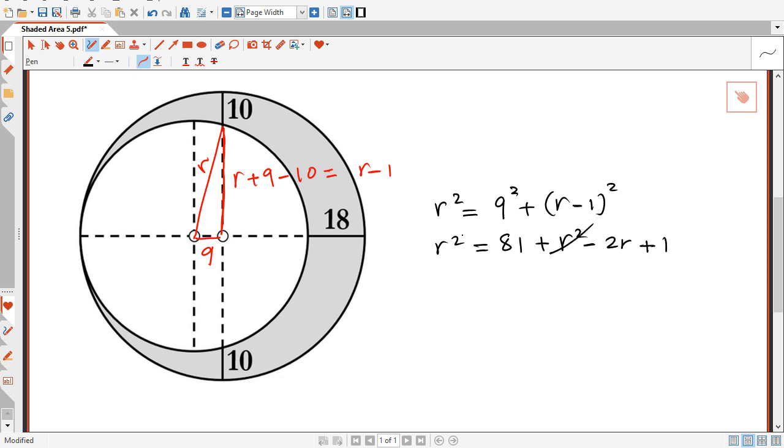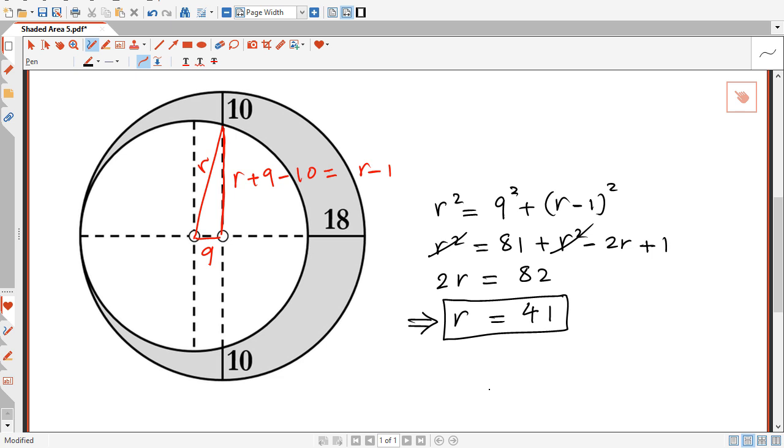R squared is going to cancel with r squared, so we're going to be left with 2r equals 81 plus 1, that's 82, and then we can solve for r. R is equal to 82 over 2, that's going to give us 41. So this is the radius of the inner circle.